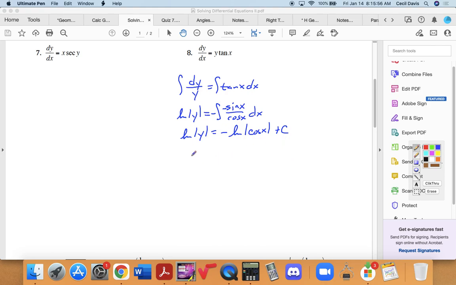So then the absolute value of y is going to be equal to c e to the negative natural log of the absolute value of cosine of x.